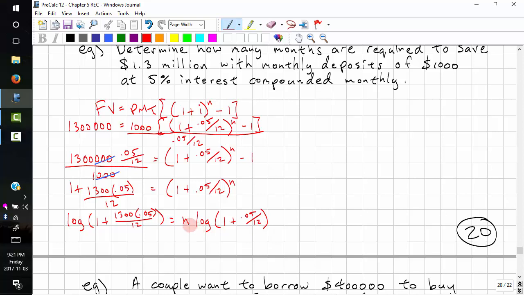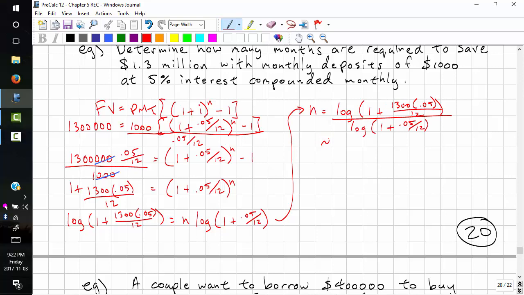And now we can isolate n by dividing this side by log. And our answer is going to be in number of payments, not number of years.